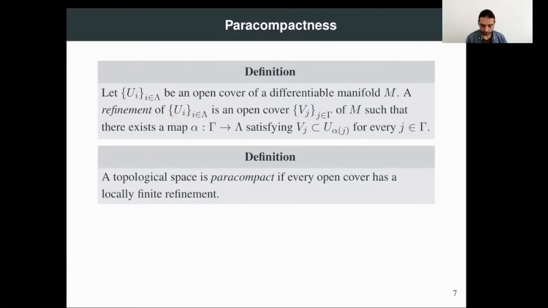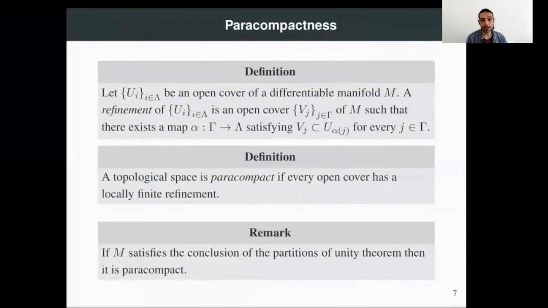Okay? And now let's give the definition of paracompact. A topological space is paracompact if every open cover has a locally finite refinement. Okay, that is the definition.